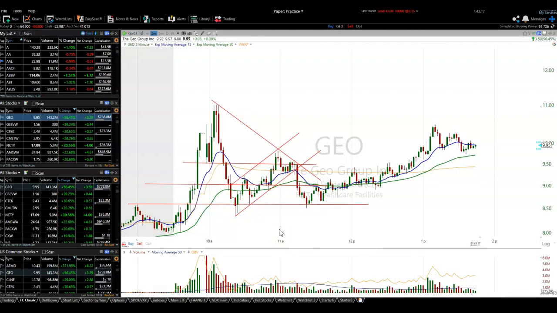Now the other point is the channel lines that we trade. Typically, or I'd say statistically, the rising or the channel lines are not as strong of support and resistance as the horizontal support and resistance lines.